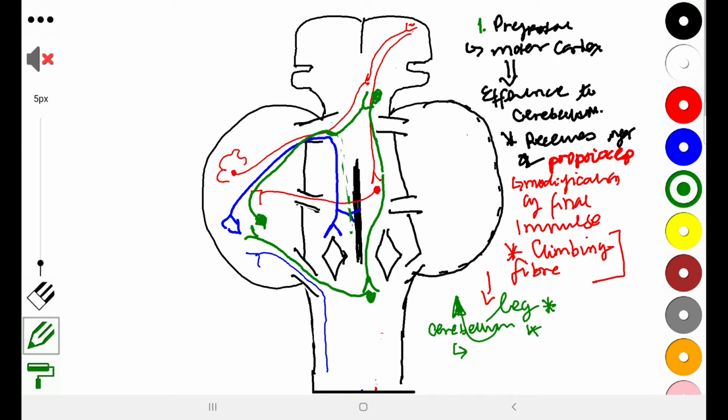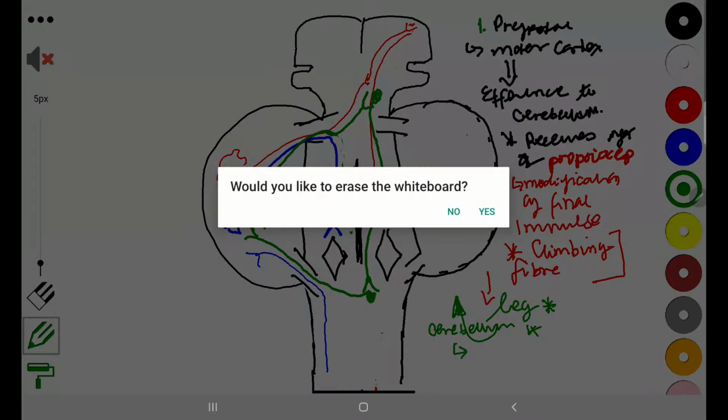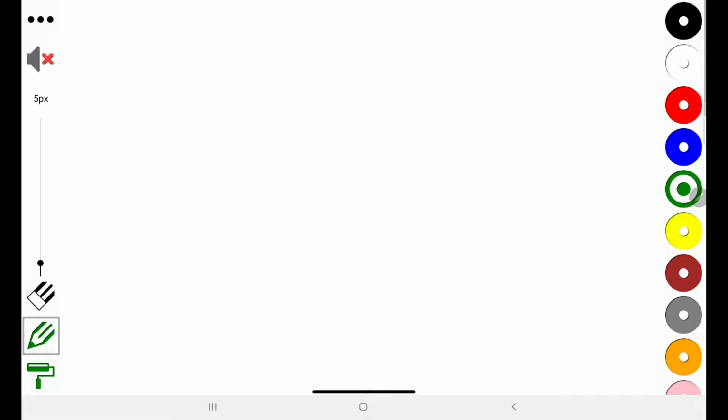So when we talk about disease, what do we see? The first disease that I would like to bring up is this: the cerebellum itself receives sensation from the ipsilateral part of the spinal cord and the contralateral part of the upper cortex. So you're saying it receives like that, and then when going down, it's on the same side.